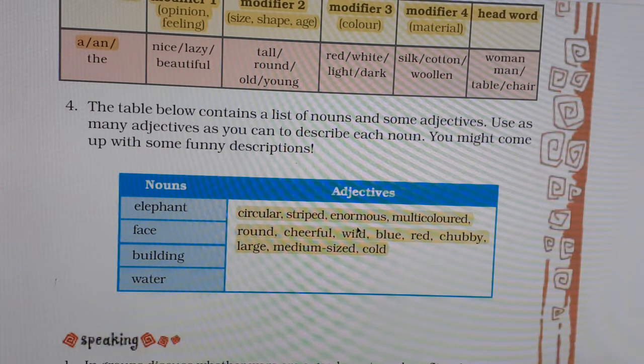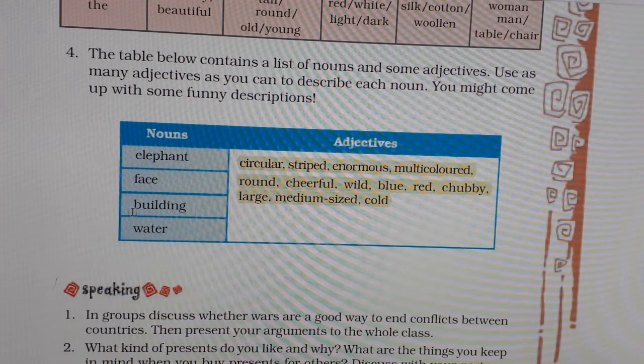Okay, nice circular multicolored chubby face. Like this, you may describe the face of your friend, or you may describe a building, an elephant, water. Now, describing water, can you describe it? Try it.